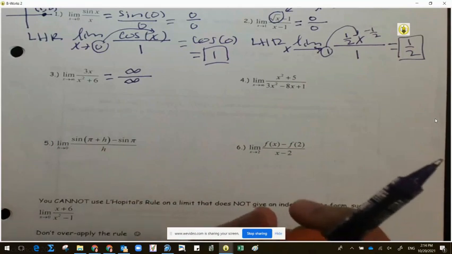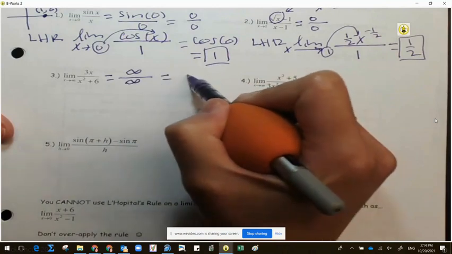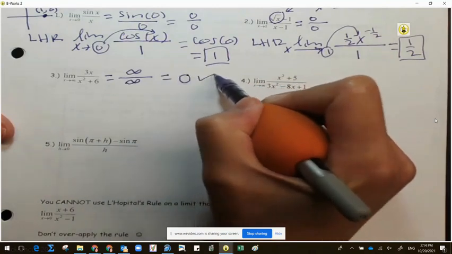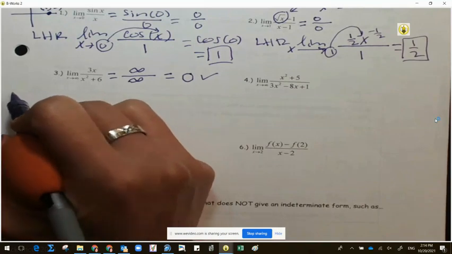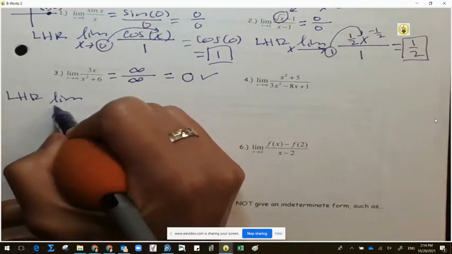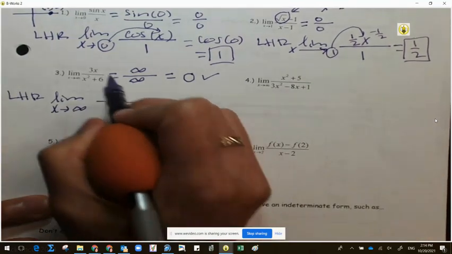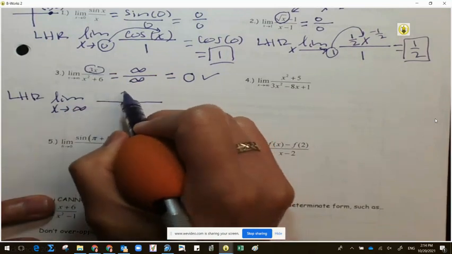And I know a lot of you guys know the infinite limits. If it's low over high, what are we anticipating? 0. This is what we are wanting. Let's see if that's going to happen. So let's apply L'Hopital's rule. Limit as x approaches infinity. What is the derivative of 3x? 3.